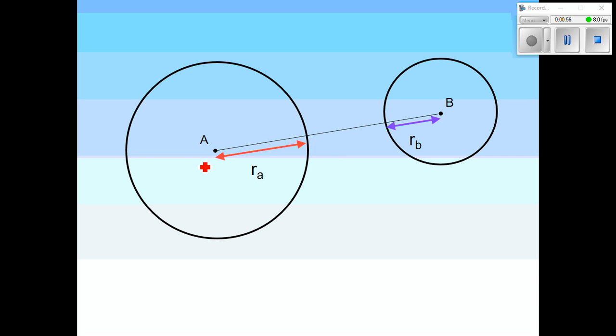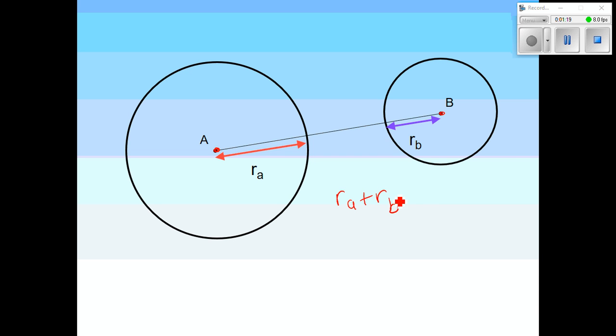Now here, obviously, we have two circles that are not intersecting at all. The important thing here is, when you add together the two radii, the radius of each circle, there is more distance between A and B than the two radii can cover.